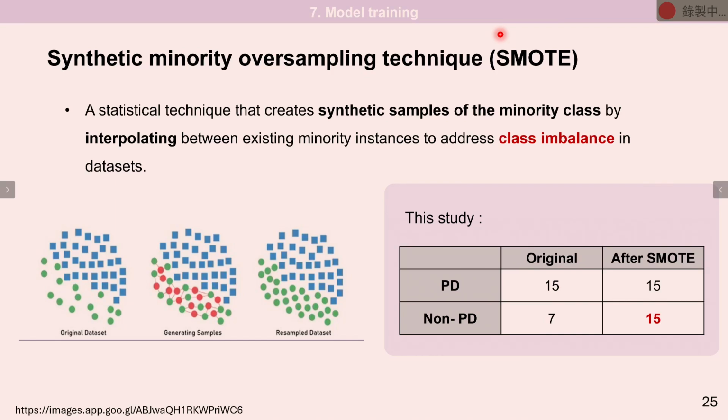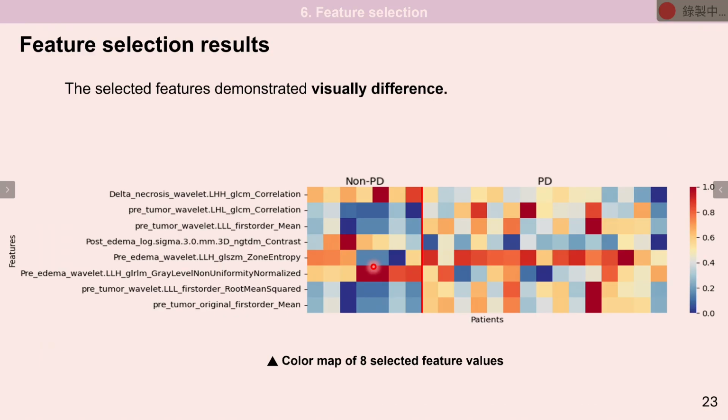Page 93. Can you explain what this color map means? I just want to use the color to demonstrate the difference of the two class feature values.